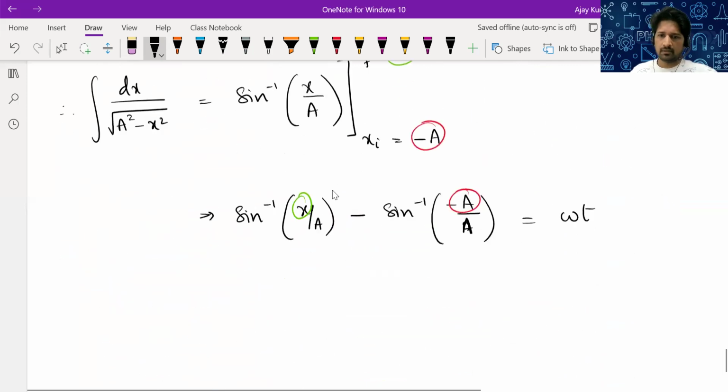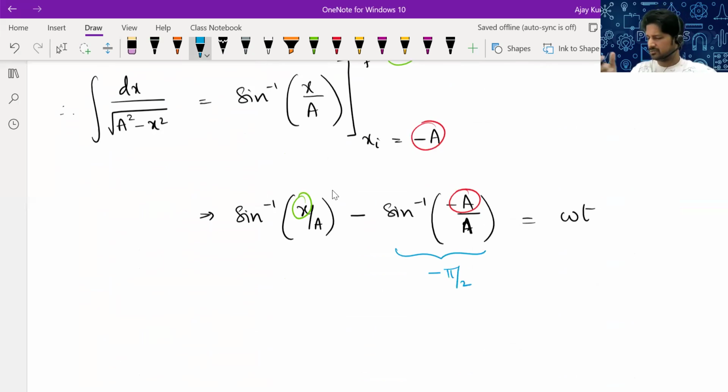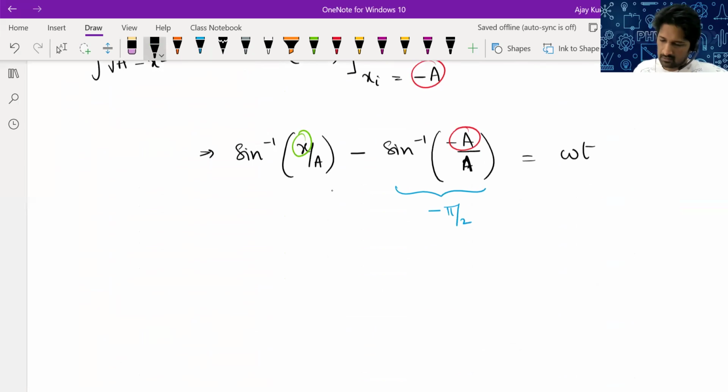Fine. Now a divided by a is 1, minus a divided by a is minus 1. Sine inverse of minus 1, I'm going to take it as minus pi by 2. As Aishwarya said, it can be 270 degrees, 3 pi by 2 also. There are infinite solutions that you can think of. I'm going to take it as minus pi by 2. Therefore, sine inverse of x by a, send the minus pi by 2 that side.